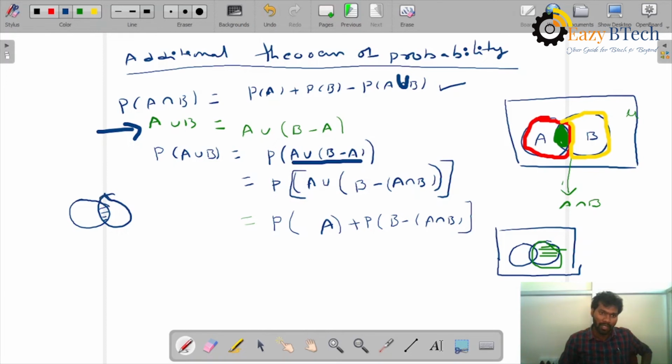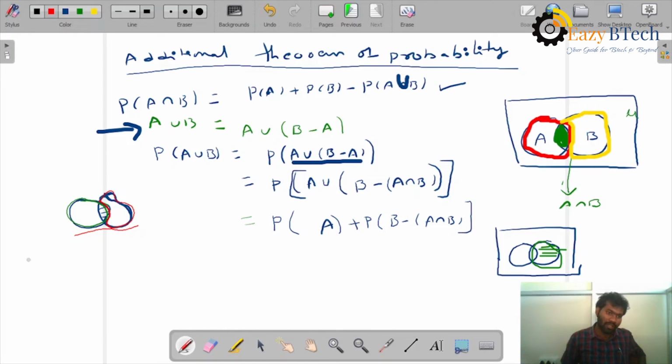See here carefully, this part and this part, there is no common event between them. They are touching, but they are not common. That's why they are called mutually exclusive events.